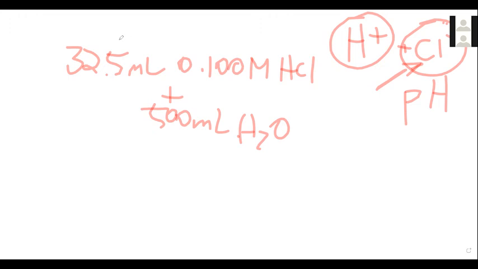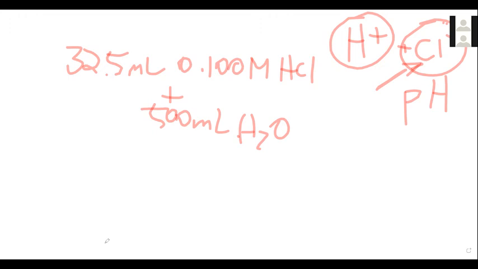Why am I only interested in the concentration of H plus? Because of the formula, to find the pH you have to have HA and A minus, right?